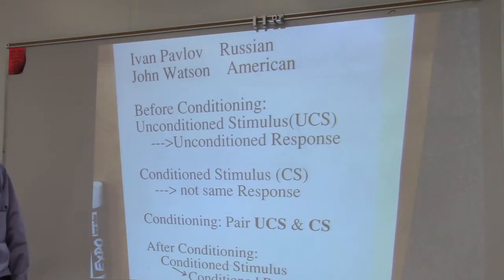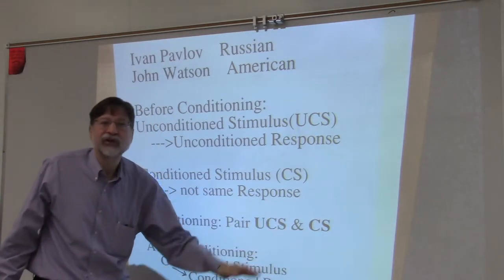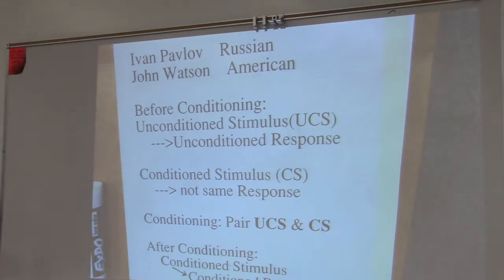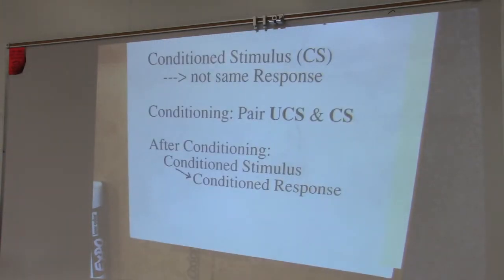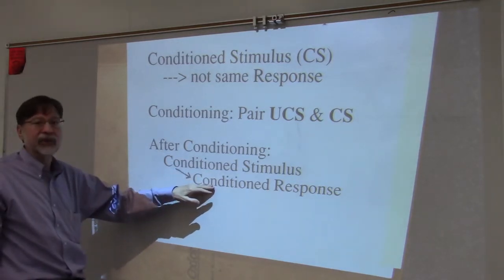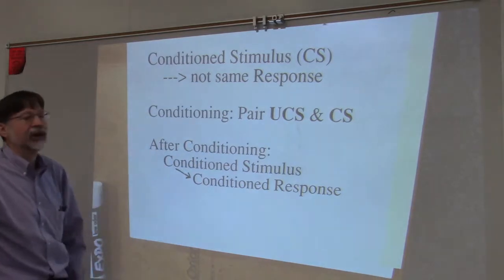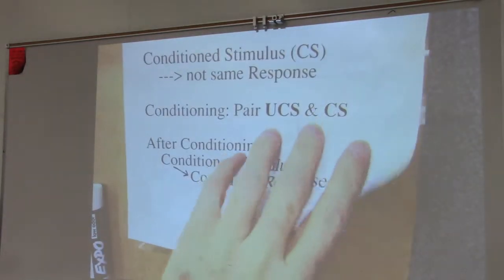It helps if the conditioned stimulus occurs just before the unconditioned stimulus by half a second. And after conditioning, the conditioned stimulus elicits a conditioned response that's similar to the unconditioned response. So that's classical conditioning.